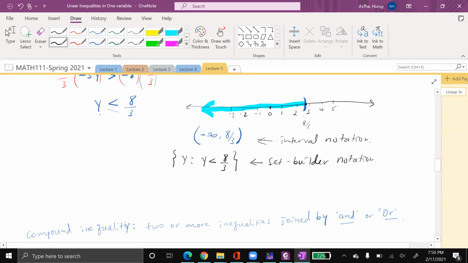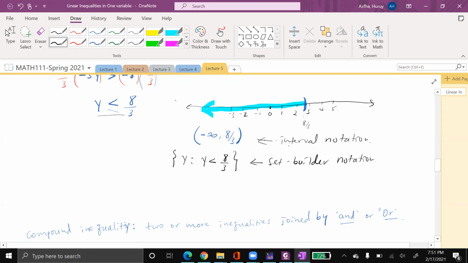So for the same solution of this linear inequality, I use this number line, which is the starting point, and then I use the interval notation, and then I have this set builder notation. Unless specified, you can use either of these two, not the number line. If I ask you to write the solution in interval notation, then put it in interval notation.